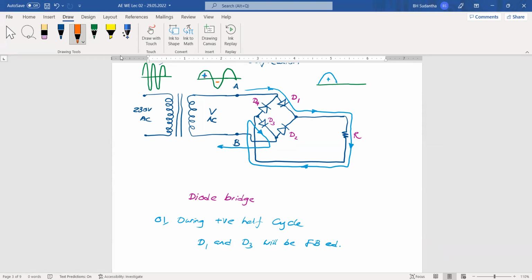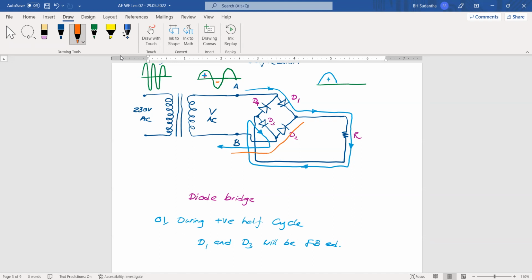Starting from point B, it can come to this junction. Then it can see that the D2 diode can be forward biased and D3 is reverse biased, so it goes through this D2 diode. After coming to this junction, there are D1 and D2 diodes.